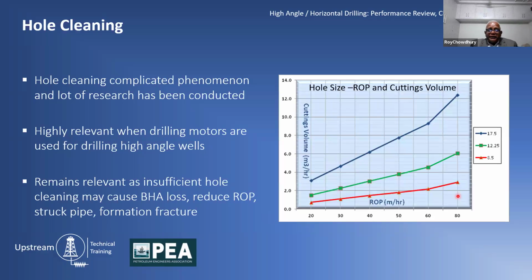If you take the standard density of the cuttings, and you notice if it is an 8.5 inch hole, drilling at 60 meters an hour, or a little over 60 meters an hour, you are generating 2 cubic meters of cuttings every hour. That has to come out of the hole, simply because there is no way you can drill faster unless your bit face is clean.